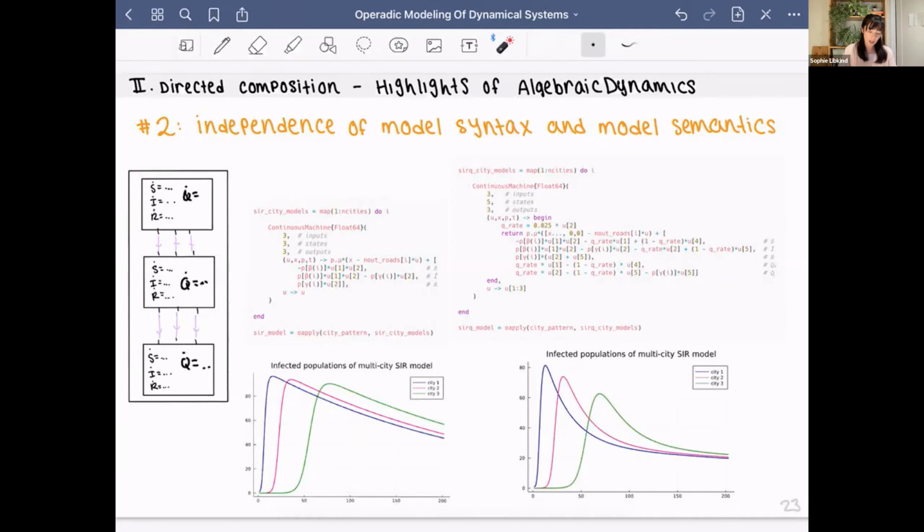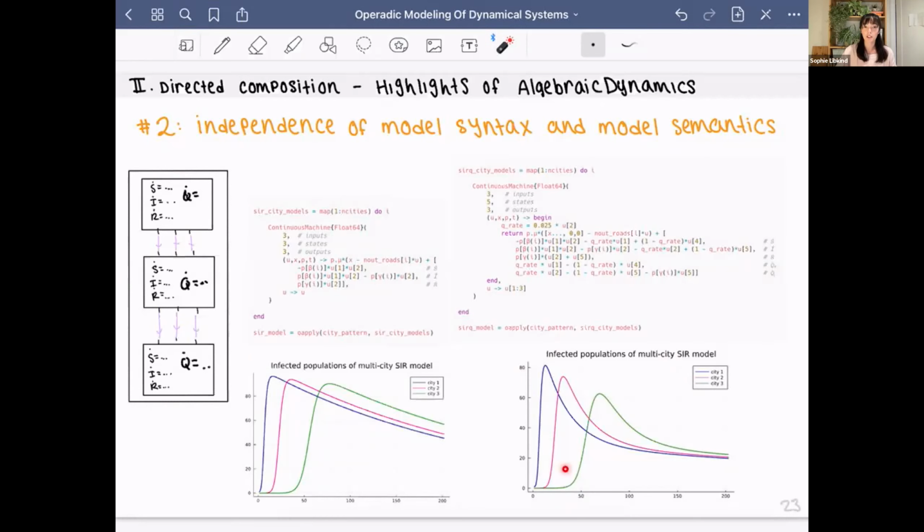And so in the Julia code, that corresponds to changing the city models and the continuous machines that we're going to define that will fill each of these boxes. And so again, we're going to apply these new models to our original city pattern that looks like this.